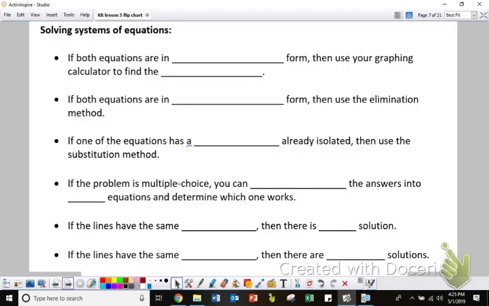So the core, solving systems of equations. If both equations are in slope-intercept form, y equals mx plus b, then we can use a graphing calculator and find the intersection.